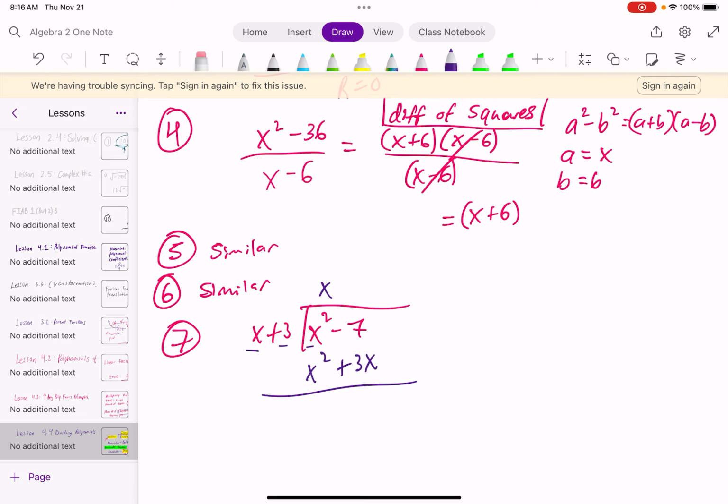And if I subtract, this will become a negative, and this will become a negative. Right? And so we're left with negative 10.